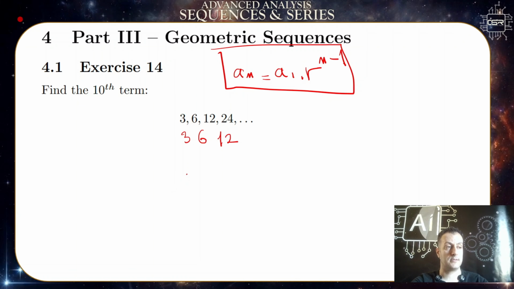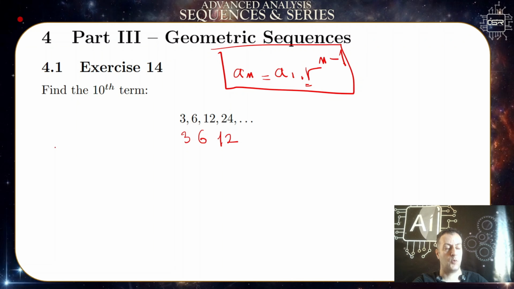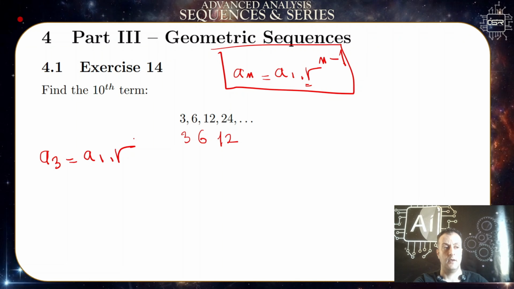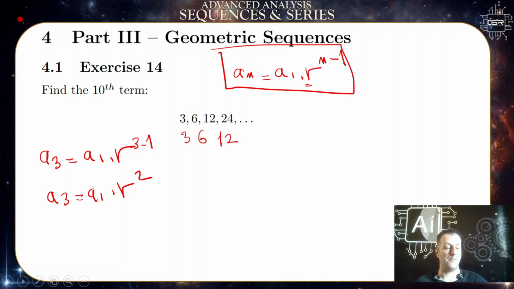Okay, so what is the ratio, or r? Let's examine the terms between 3 and 12. So 3 is the first term, a1, right? 12 is the third term. So a3 is equal to a1 times r to the power of n minus 1, n being 3 in such a case, minus 1, so r squared. a3 is equal to a1 times r squared.